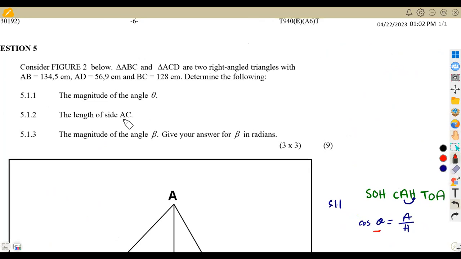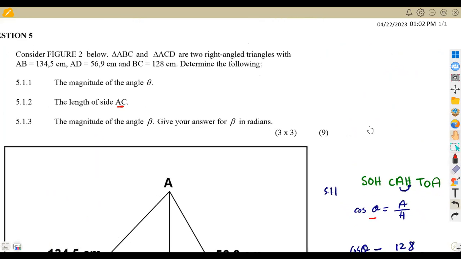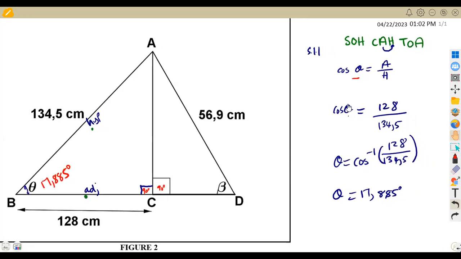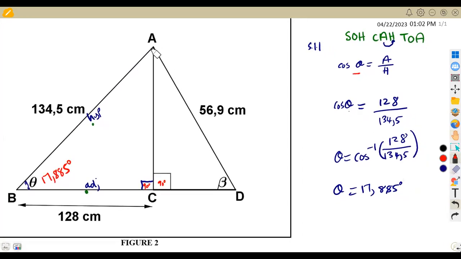Now we are supposed to calculate the length of the side AC, from A to C. According to our triangle, this is where we have point A and point C. From the information that we had before, if you consider triangle ABC, we can apply Pythagoras theorem to calculate the third side because we are given two sides.